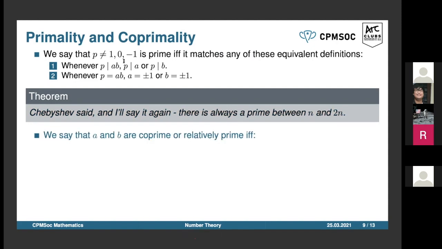Coprimality is a more general notion that involves 2 integers rather than just 1 integer. So we say that 2 integers are relatively prime if whenever a number divides both of them, the number has to be 1 or -1. And that's related to up here, the fact that we're saying 0, 1, and -1 cannot be prime. 1 and -1 are called units.